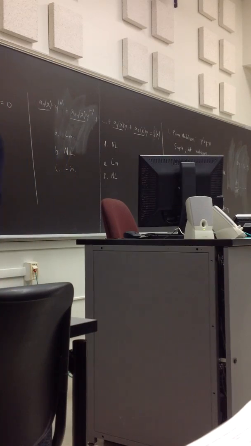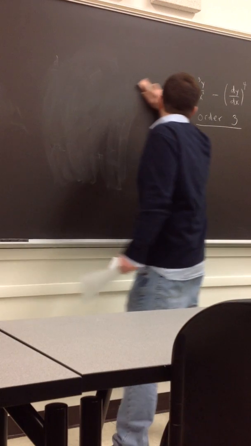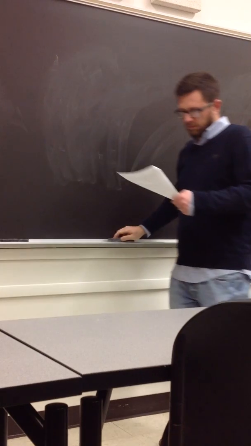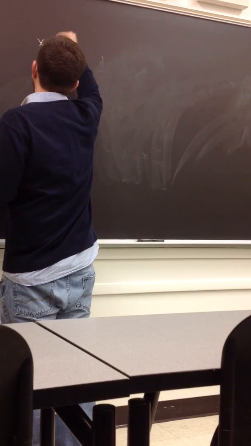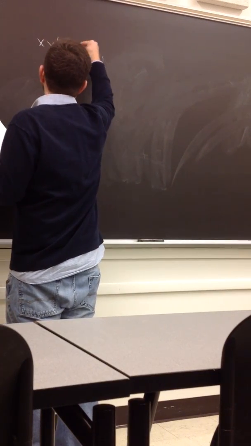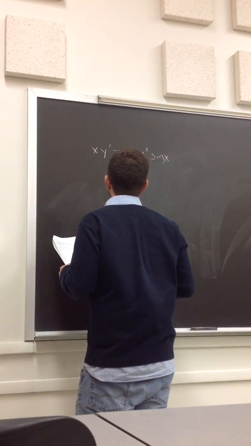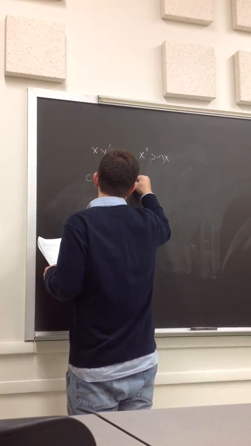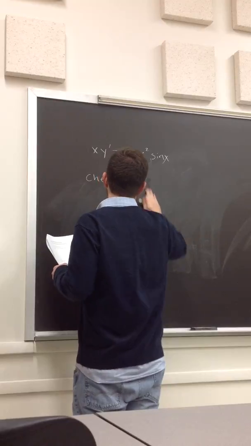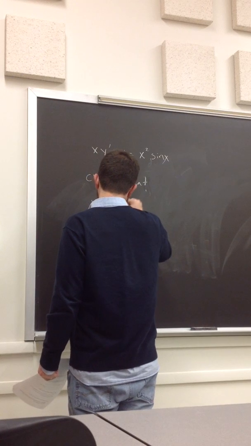Okay, so I'll do the first, and then you guys can try the second. So we've been given this equation, and then we're going to check that y equals minus x cosine x is a solution.